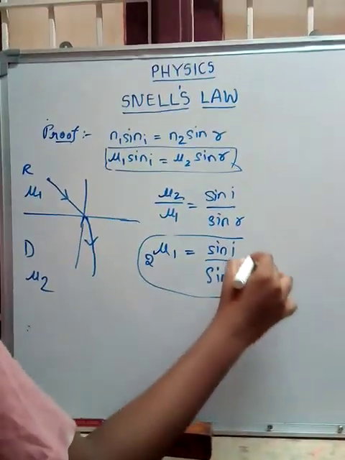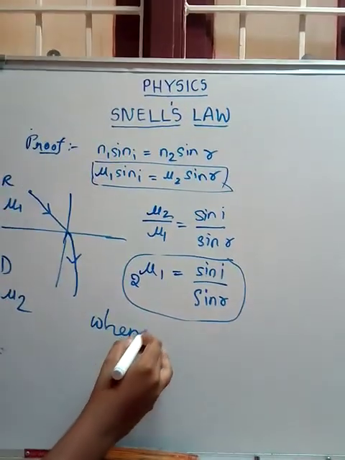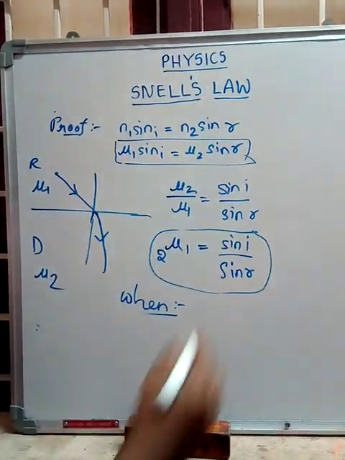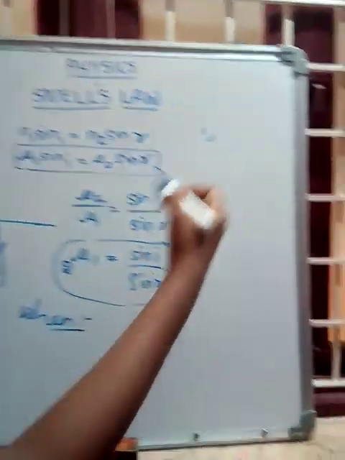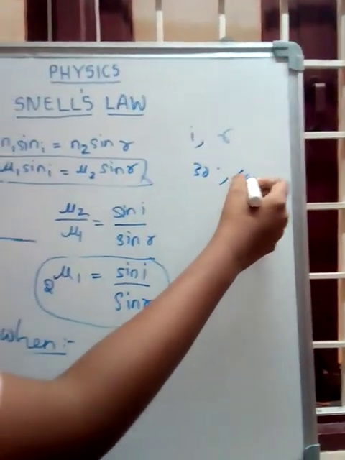This is one formula for Snell's law. Where to use this formula: when they have given the incident angle and refracted angle, like 30 degrees and 60 degrees.